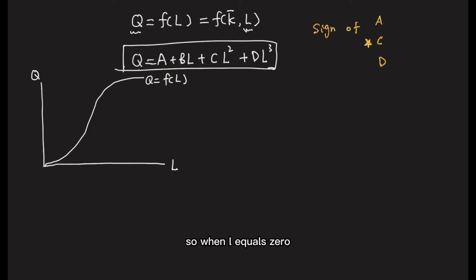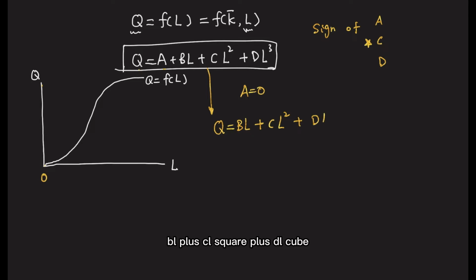When L equals 0, the quantity output produced is 0. So A is 0, and we can rewrite this production function with this new information: quantity equals BL plus CL squared plus DL cube.